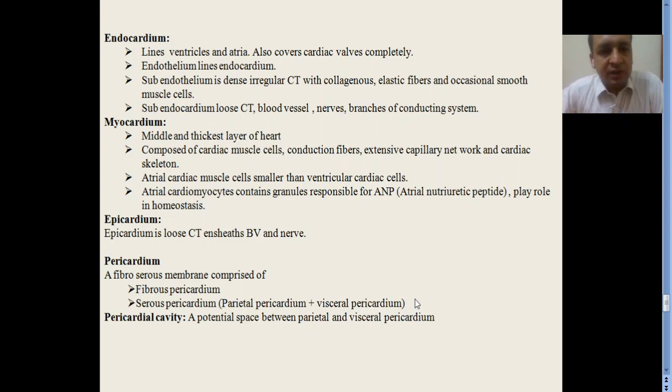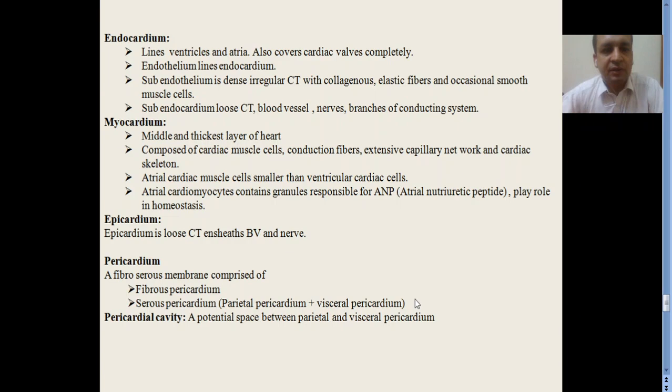The next one is the subendocardium layer. The subendothelial layer merges with another type of connective tissue layer that contains blood vessels, some nerves, and some branches of the conducting system. Also present are the Purkinje fibers.